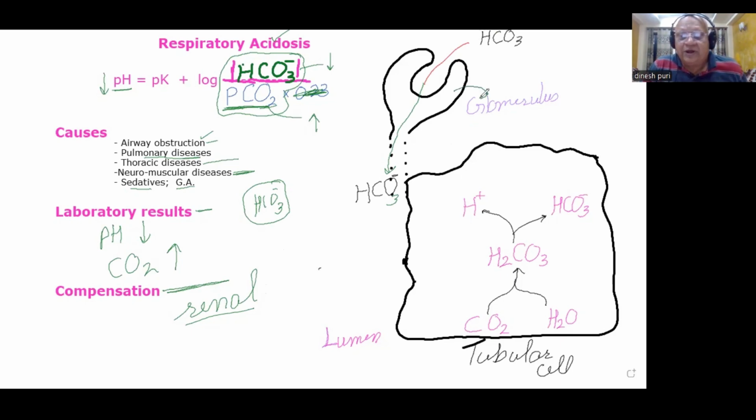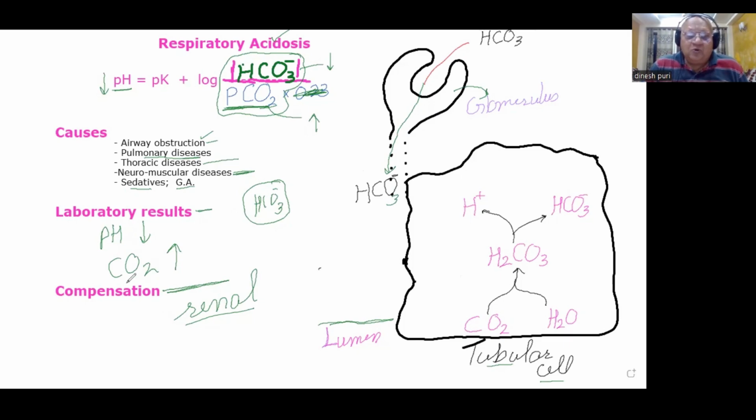This is the glomerulus. This is a tubular cell. And on the left side of it is, we can say, the lumen, as I have represented. Now, whatever bicarbonate is filtered has to be reabsorbed very efficiently, very effectively. So now we are going to see how kidneys help in that.